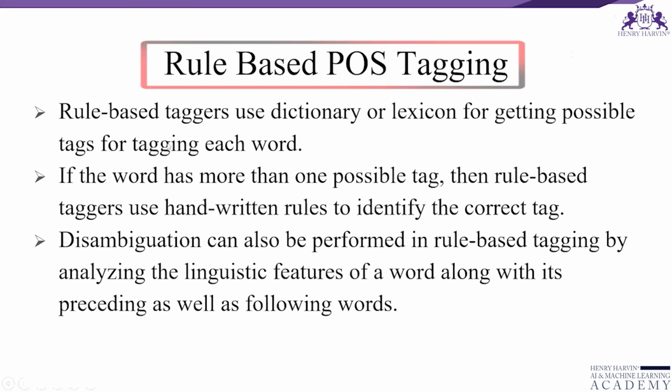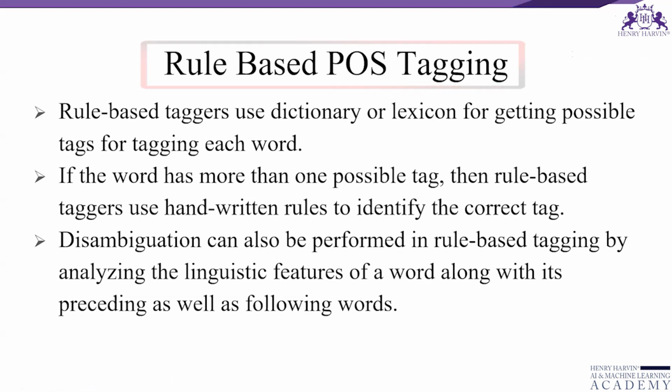This is the first automated way to do tagging, right? It consists of a series of rules. It can be done by a specialist and it can easily get complicated, right? Here, if you look into this, it uses a dictionary or lexicon for getting possible tags for tagging each word.